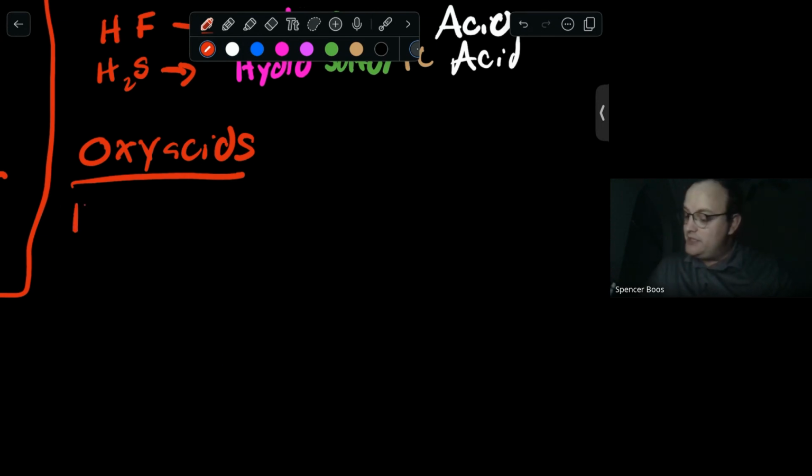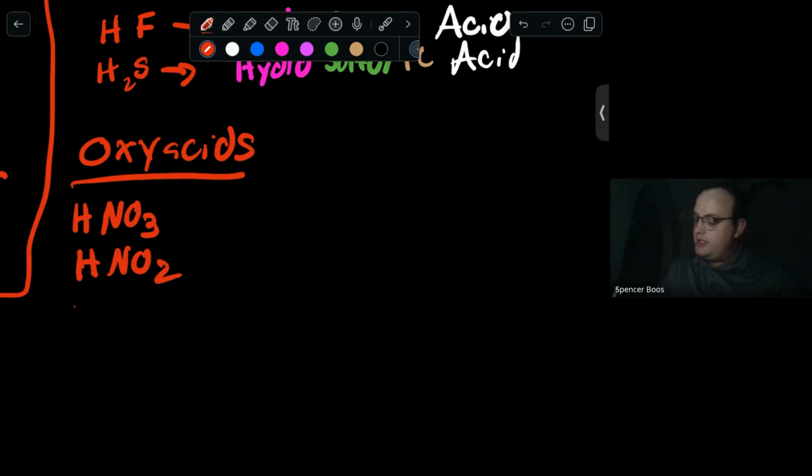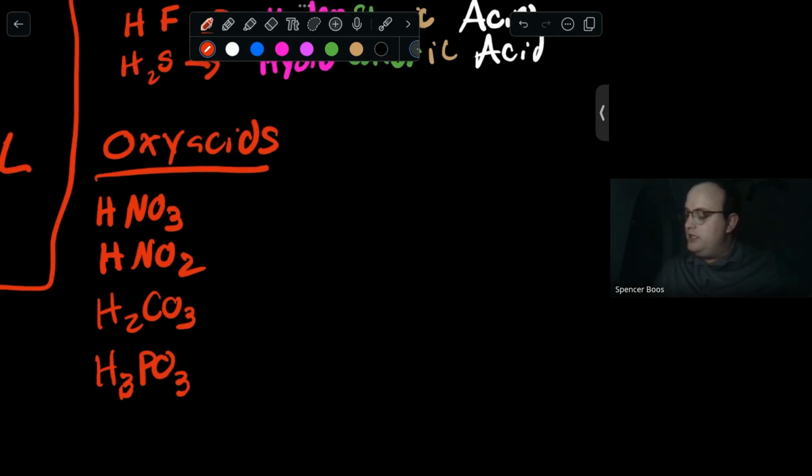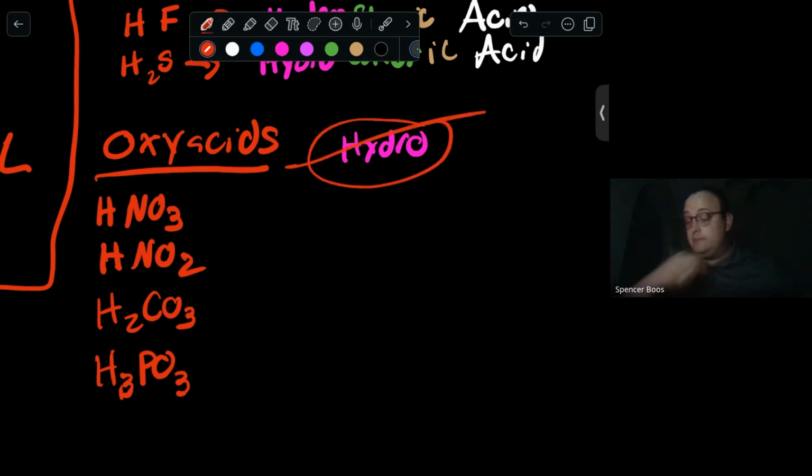So good examples of this would be HNO3, HNO2, H2CO3, and H3PO3. This one does not use hydro. So for oxyacids, you don't need hydro.